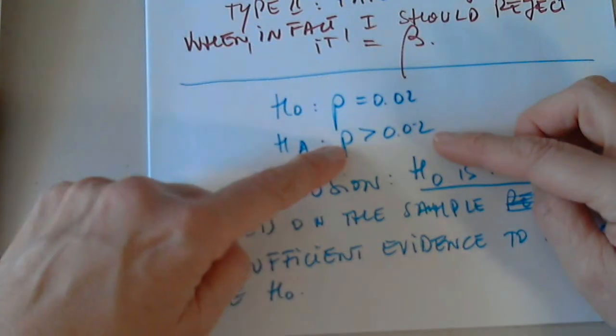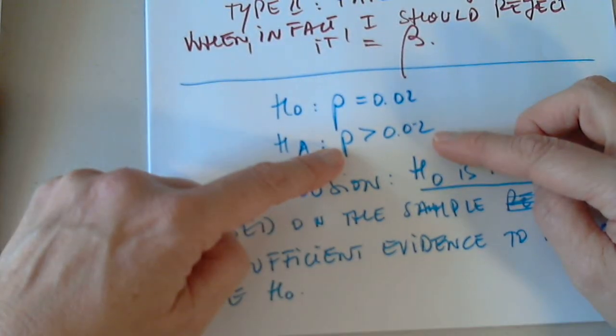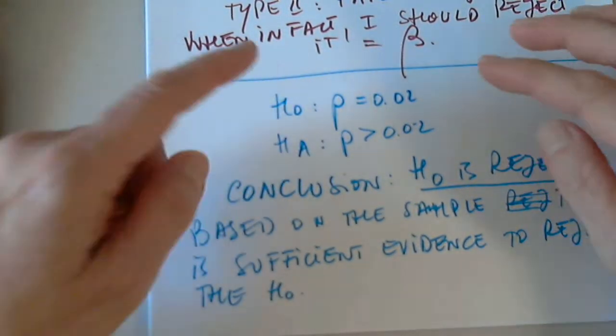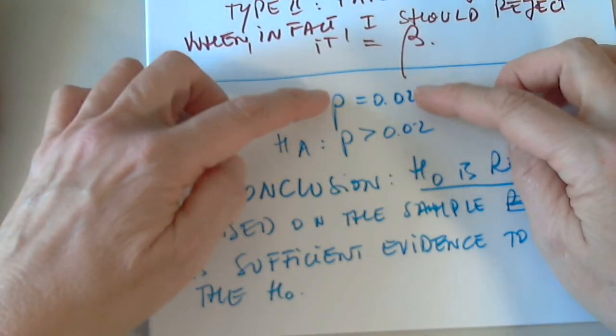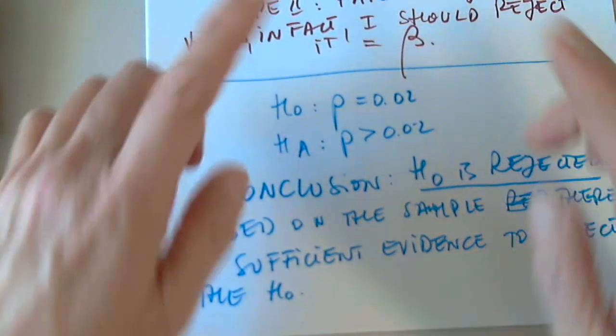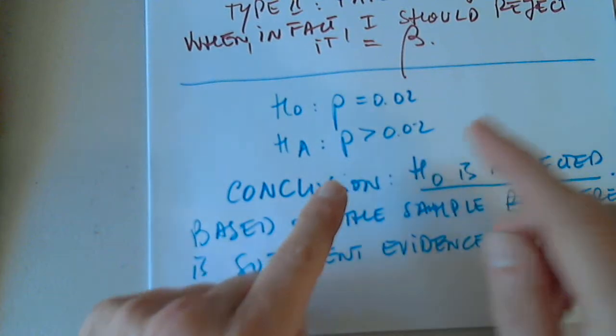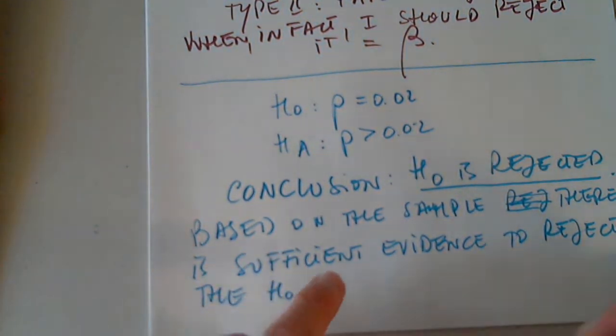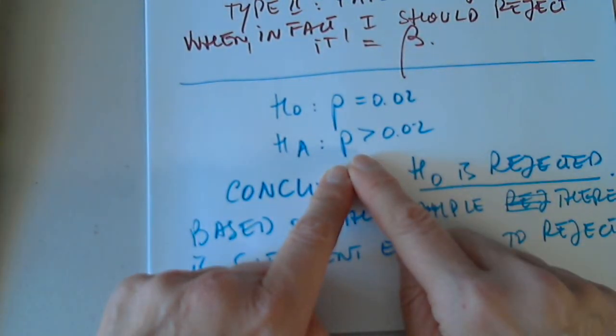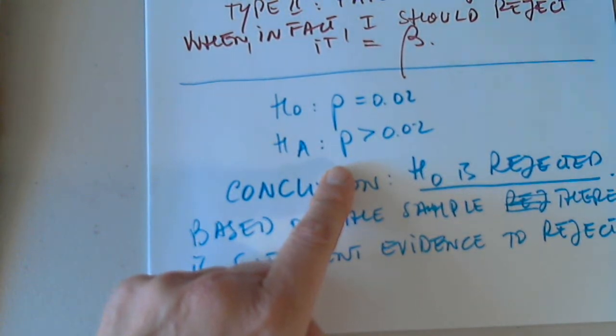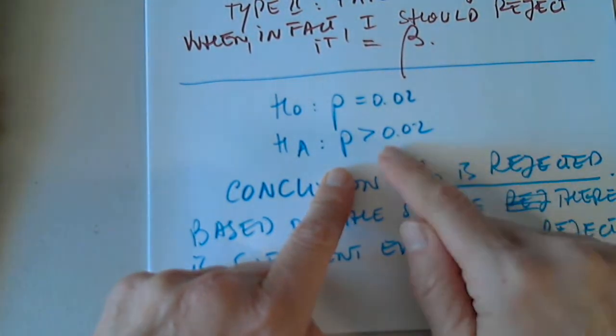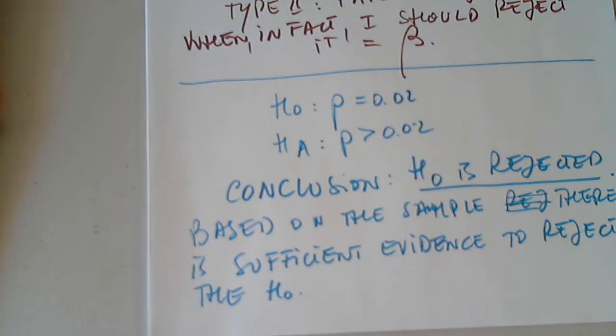I cannot conclude that this is carved in stone. I can only say there is evidence that this is no longer true. I cannot say for sure that if I collect 10 more samples, all of them will have a proportion of children experiencing the side effects greater than 0.02. I cannot conclude that.